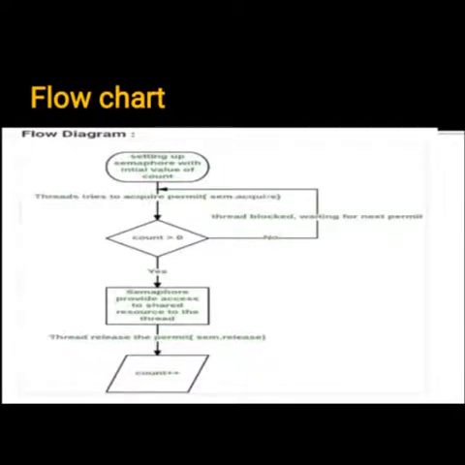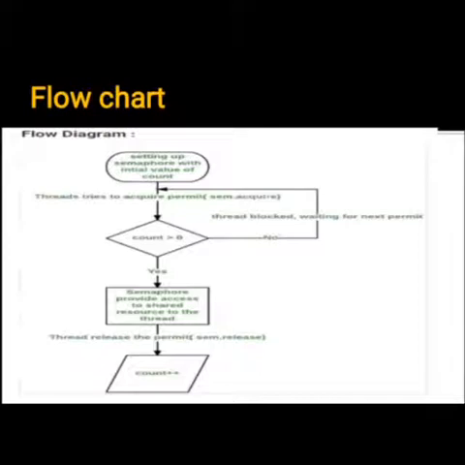I can explain this concept with an example. Consider a situation where there are two persons who want to share a bike. At one time, only one person can use the bike.